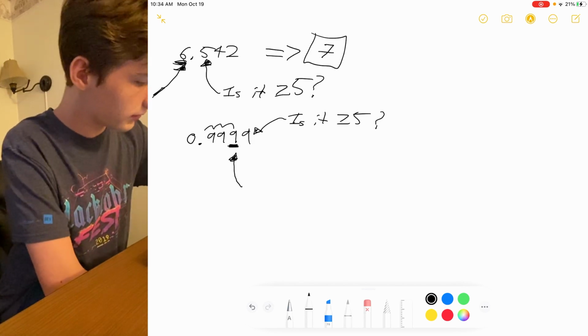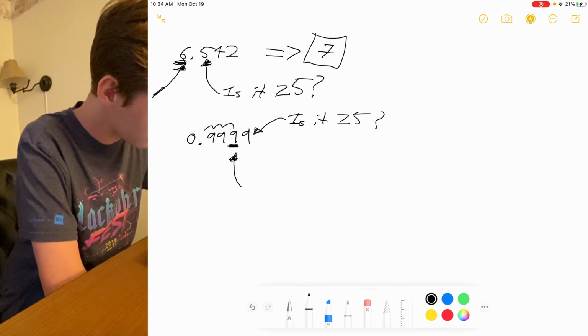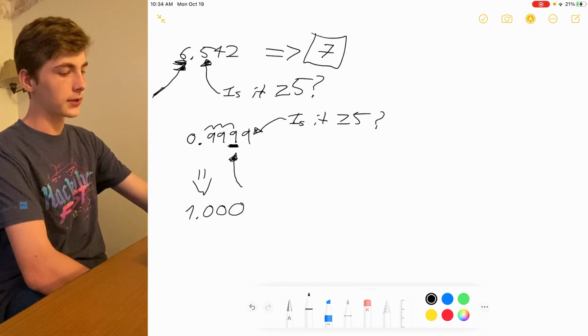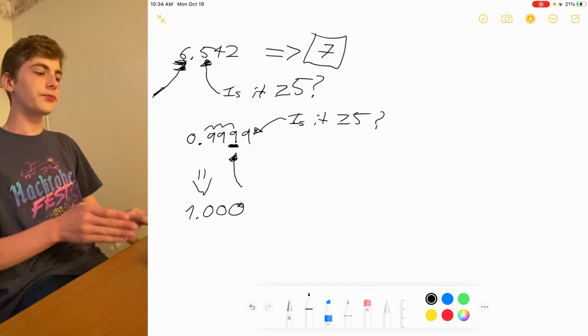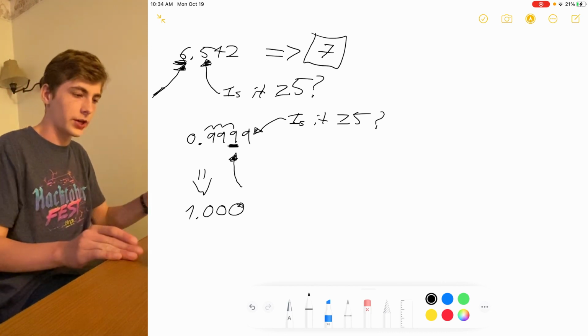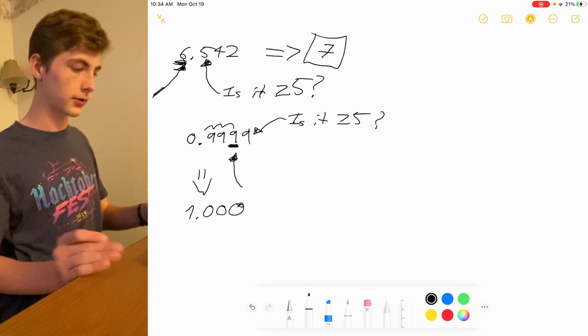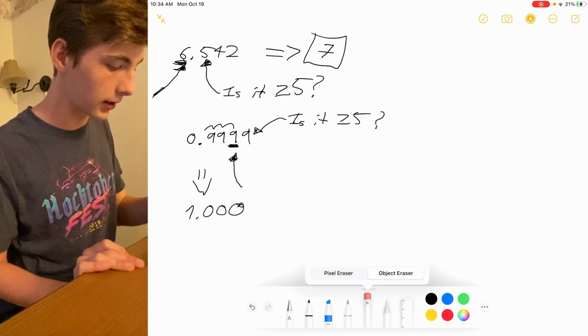They're all going to be zeros. So we're going to have 1.000. And that's just a tricky thing that happens specifically with 9s. It starts off that chain reaction. So I just wanted to cover that so it didn't surprise you when you see it at some point.